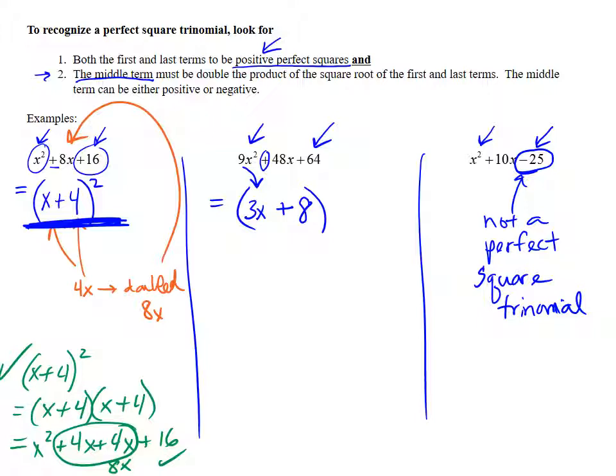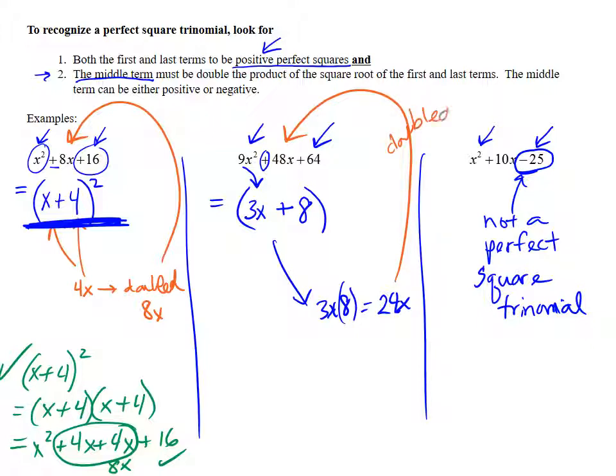Now, if this really is a perfect square trinomial, then 3x times 8 should give us a number that when doubled takes us back to the middle term. And if you double 24x, so multiply it by 2, you do get 48x. So I just need to put that square on, which I didn't do yet, and that should be our answer.